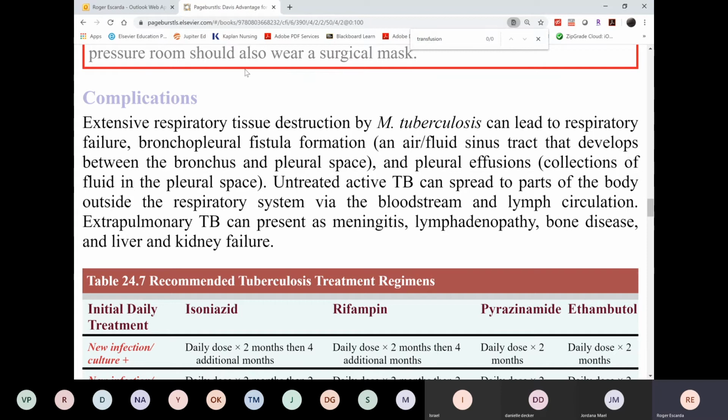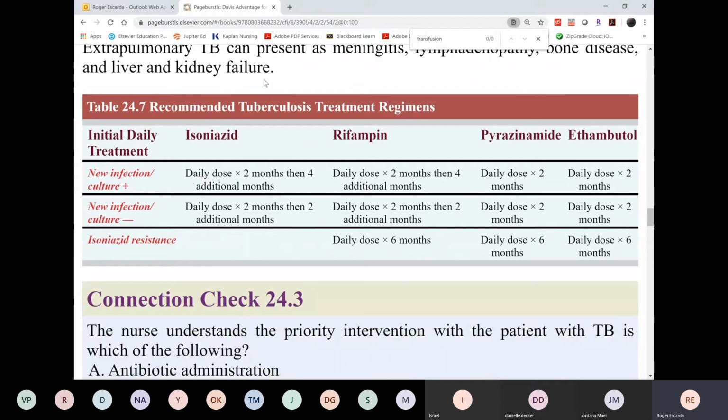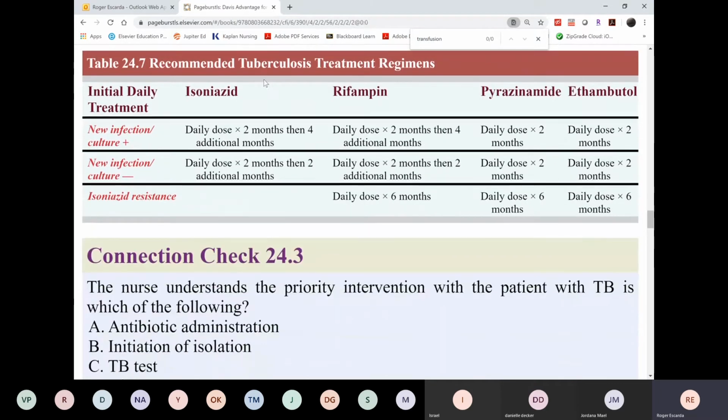All right, so use your drug book for the side effects, especially the part under nursing implications. You need to know what to teach the patient, what symptoms to report, and what symptoms to expect.